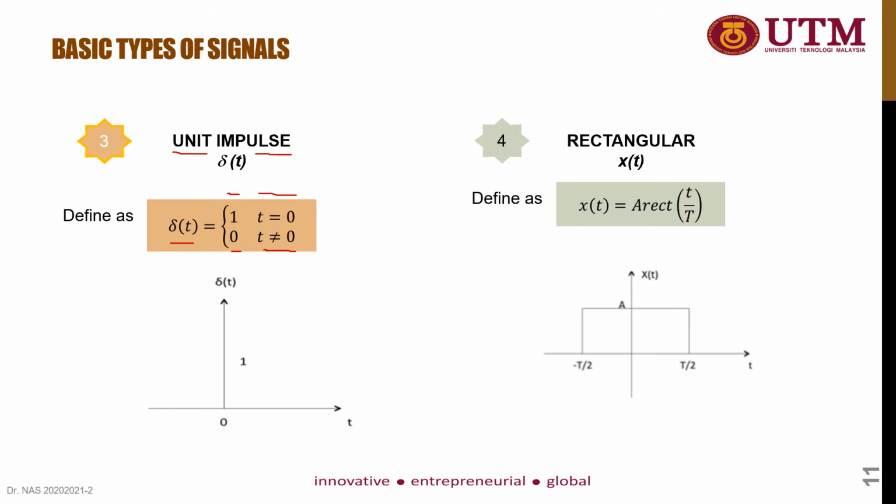Next is the rectangular signal, given by the equation x(t) equal to A rect(t/T). A is the amplitude of the rectangular, and T is the duration, the fundamental period of the signal.